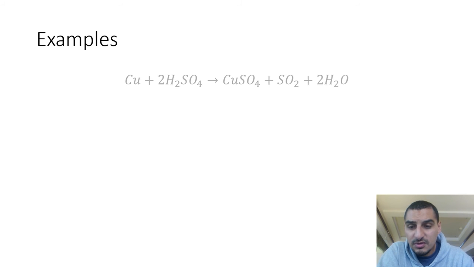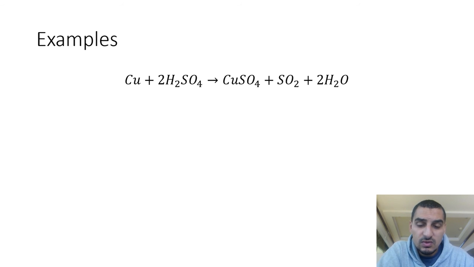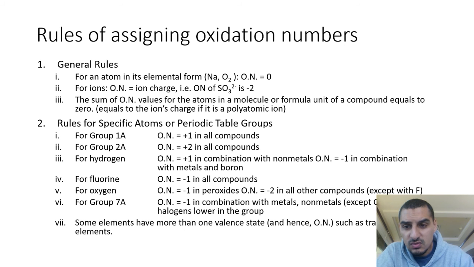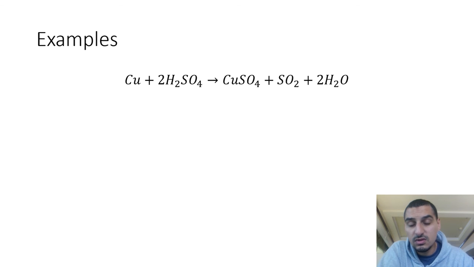Let's have a couple of examples just to study the oxidation reduction reactions and see what we can get out of these. So this reaction is between copper and sulfuric acid to form copper sulfate, SO2, and water. If we take a look at the general rules, it's important to keep in mind the first and the third rule, that an atom or element will have an oxidation number of 0, and the sum of oxidation numbers of atoms in a molecule is equal to 0.